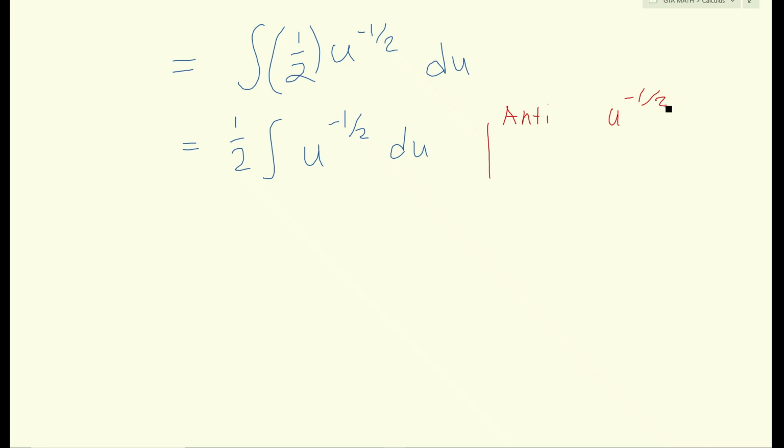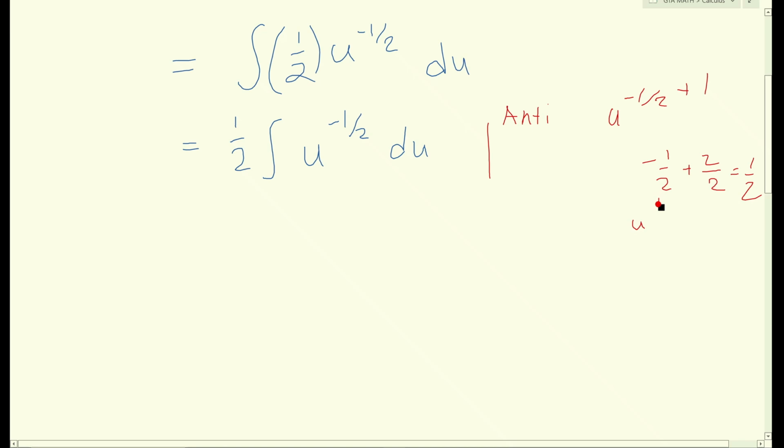And when we take the antiderivative, we add 1 and we divide by the new exponent. So negative 1/2 plus 2/2, which is the same thing as 1, is going to give us 1/2. So now we're going to be left with u to the 1/2, and we're going to divide it by this new exponent of 1/2. And we're really going to just take the reciprocal of this, and we're going to multiply it.